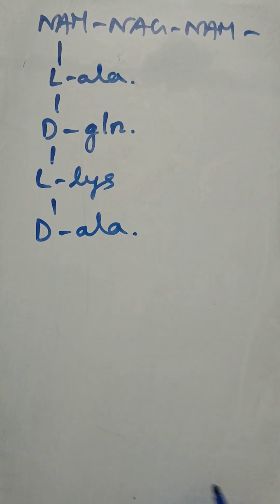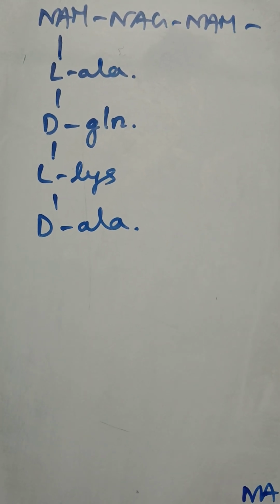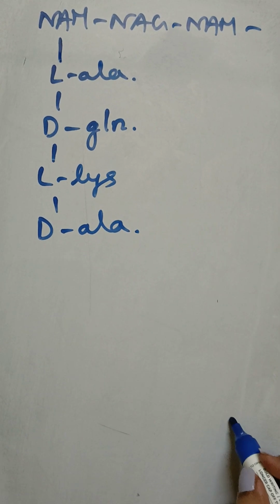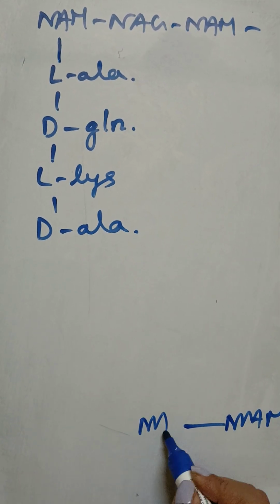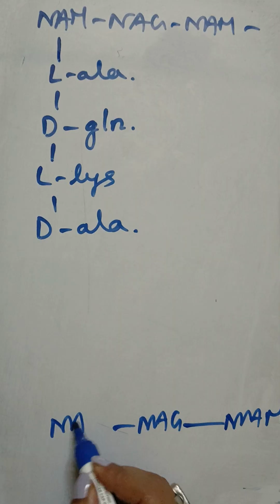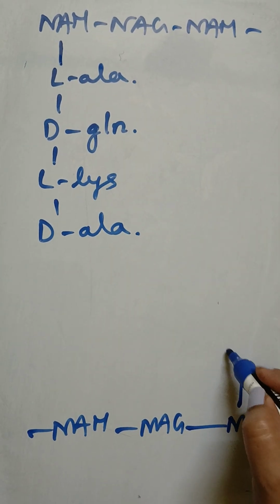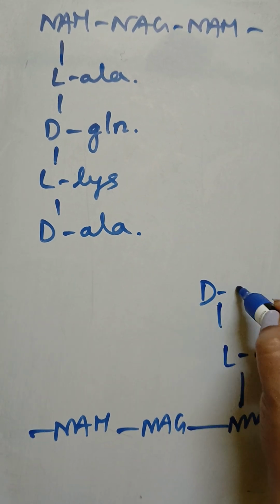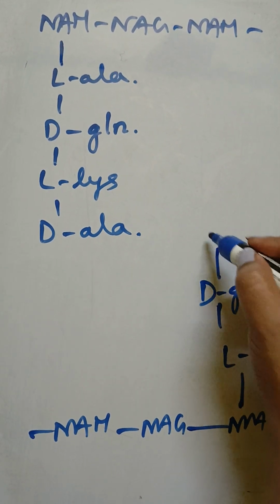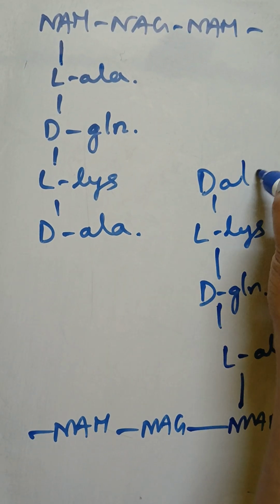Now, on the other hand, the same is present in the other residue like NAM, NAG, and NAM, like this. So from this NAM, there is also L-alanine, D-glutamic acid, L-lysine, and D-alanine.